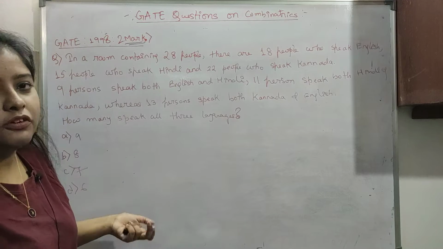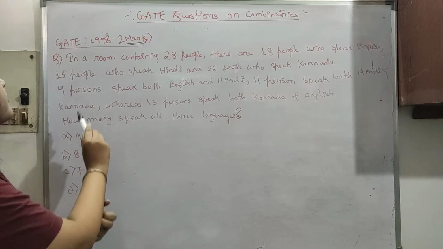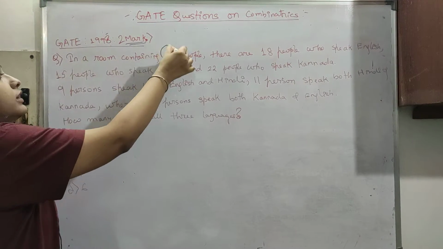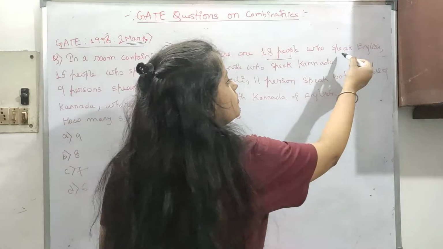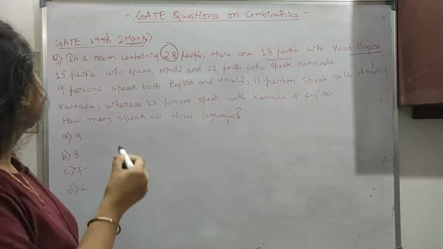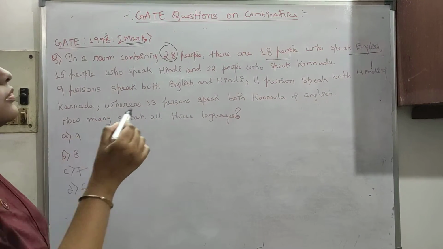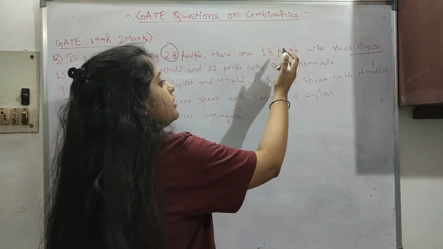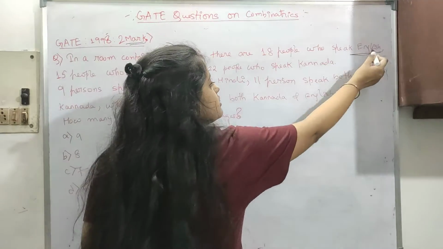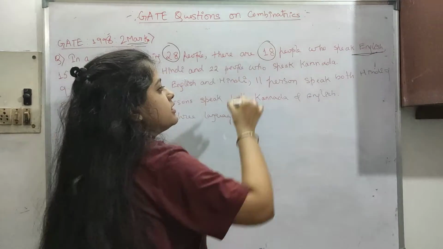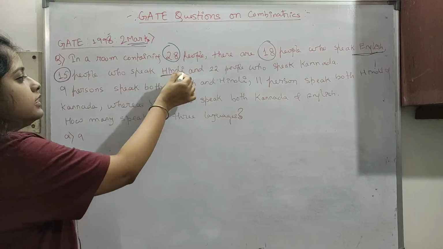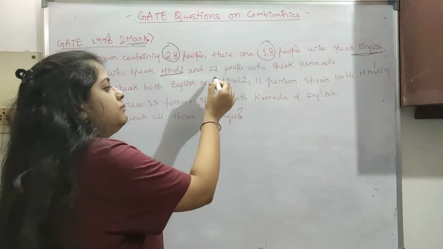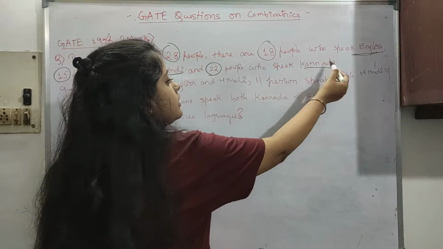Basically it is formula putting, or a Venn diagram. In a room there are a total of 28 people. 18 people speak English. 18 people speak only English, then 15 people speak only Hindi, and 22 people speak only Kannada.